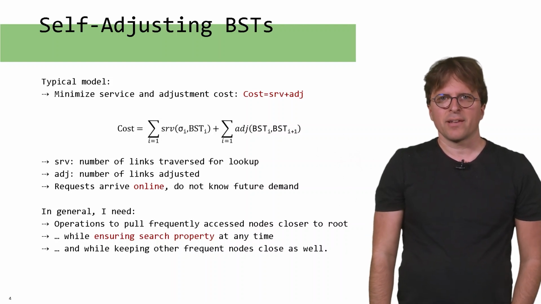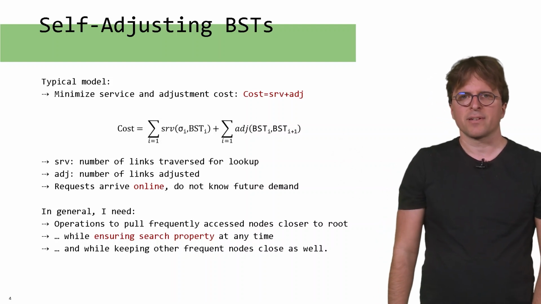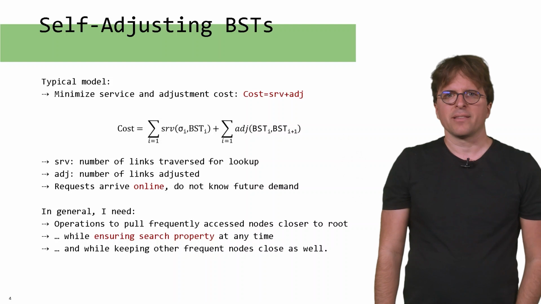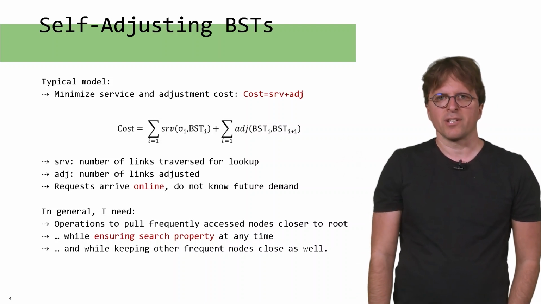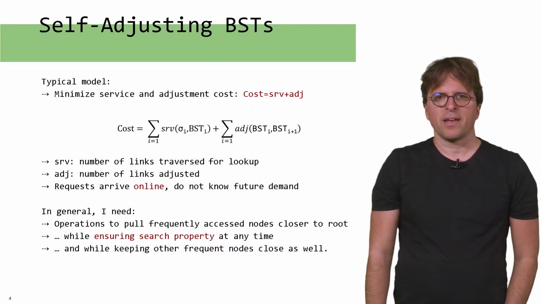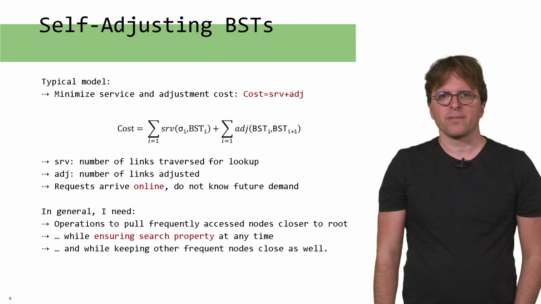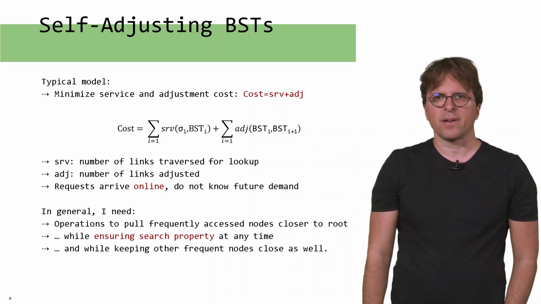And mostly here, the serving cost is just the number of links that we traverse for each lookup. And the adjustment cost is the number of links that we want to change from BST i to BST i plus 1. And here we assume that the requests arrive online, so we don't know the future requests ahead of time.